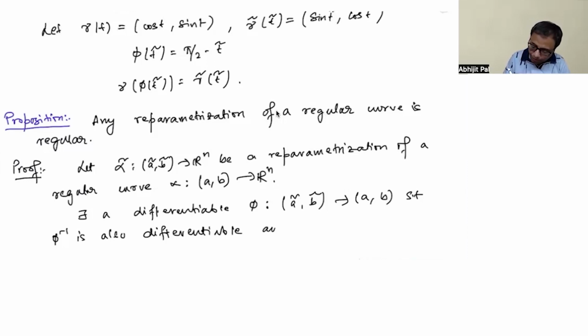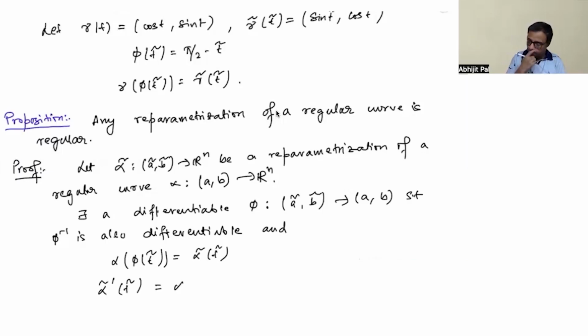Therefore, if I take the derivative of this alpha tilde, this will be equal to alpha prime of phi of t tilde, then you have this scalar multiplication, phi prime of t tilde.